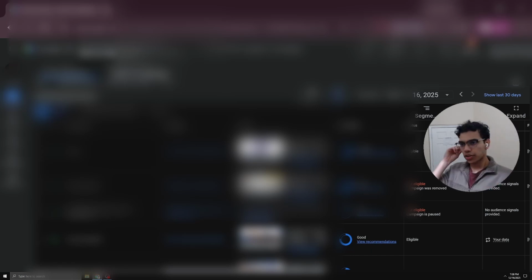So the most important thing in creating a Performance Max campaign is making sure that if you have different products for your business, you divide them into their own asset groups. Of course, a lot of these things in here I have to blur out for confidential purposes.